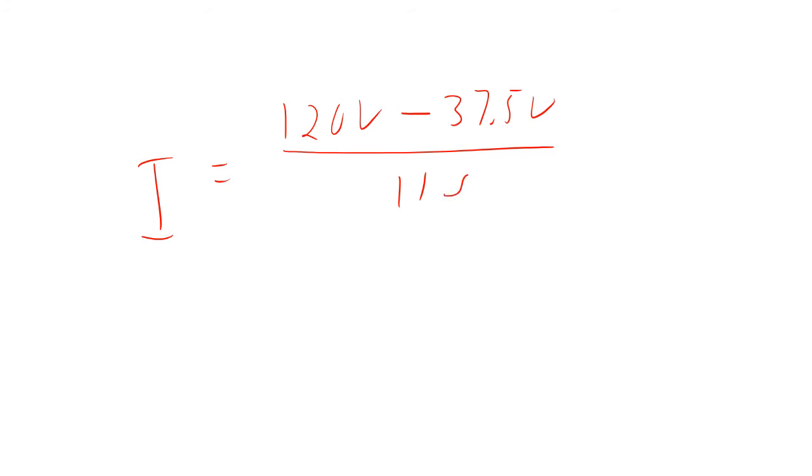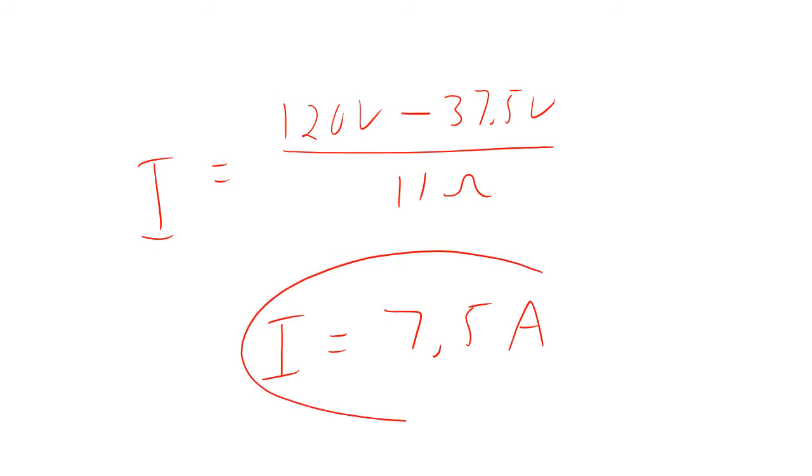So the current would be 120 volts minus the back EMF, which is now 37.5 volts, divided by the armature resistance of 11 ohms. And so that'll be the current drawn by this thing, about 7.5 amps. Okay, so that's going at half speed.